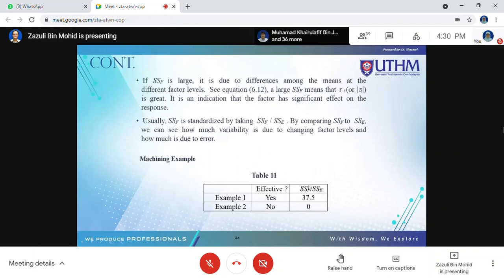We have SSF divided by SSE of 57.5. Is it effective or not? We can say that the factor is effective. But when we have 0, we can say that the factor is not effective.